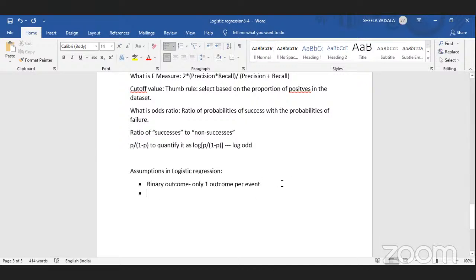Second one, anyone else? Anybody? Residuals, large sample data, multicollinearity, binary logistic regression, dependent variable be binary, log odds. Okay, so there is a mixture of answers. Well, I think I will just write it down for your clarity.